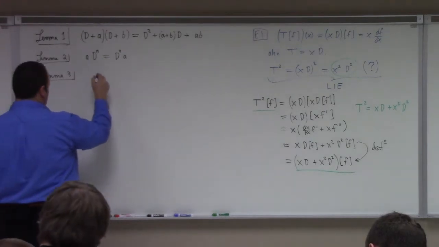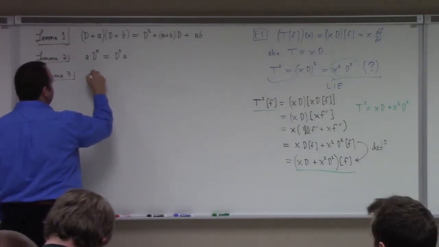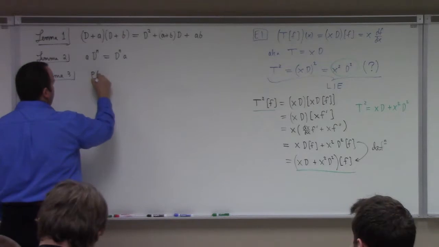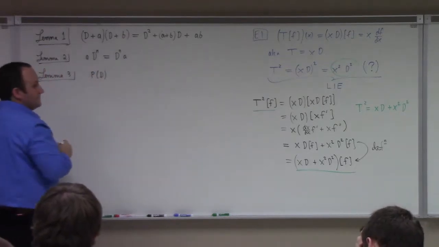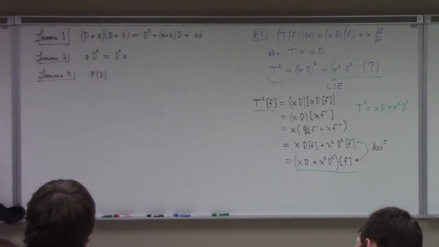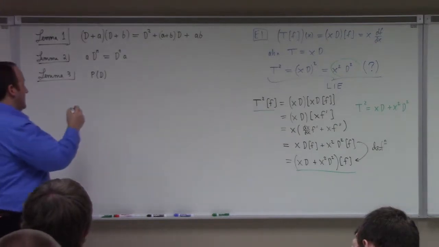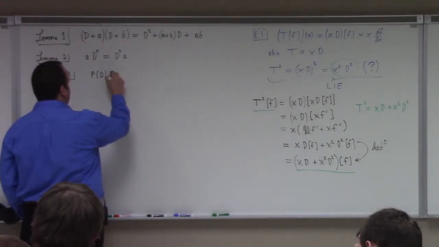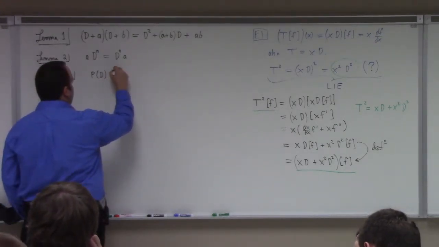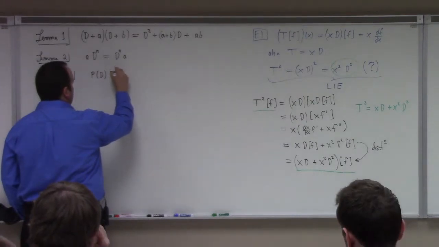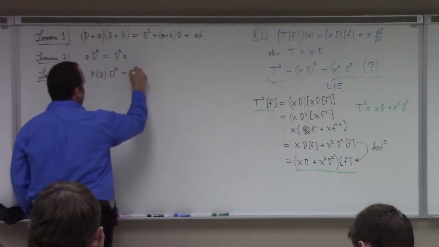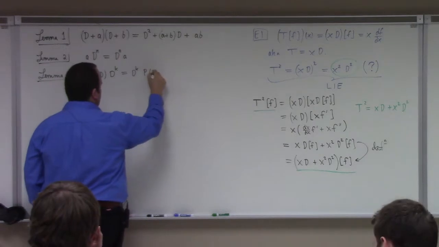If I have a polynomial in the differentiation operator, all right, and that multiplies by D to the, say, n, I'll say k, then that's equal to D to the k times the polynomial in the differentiation operator.